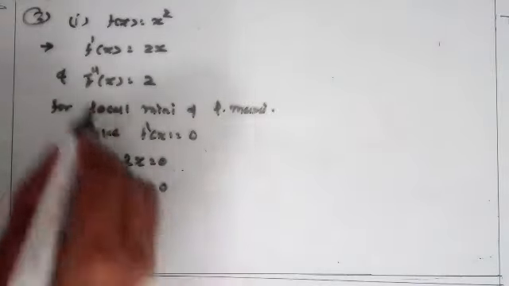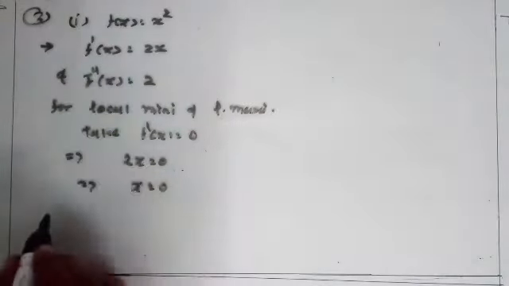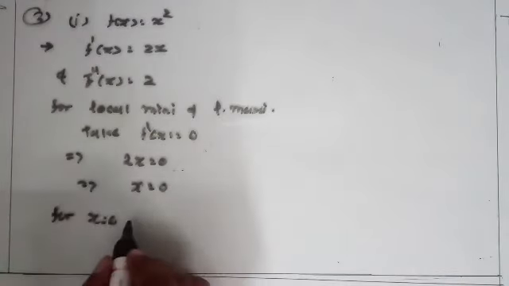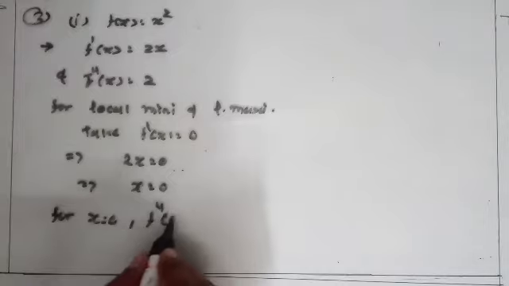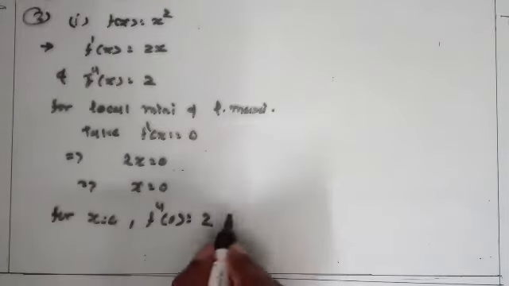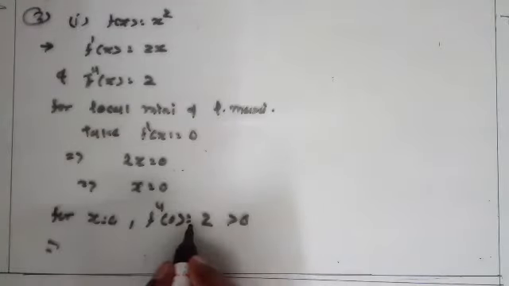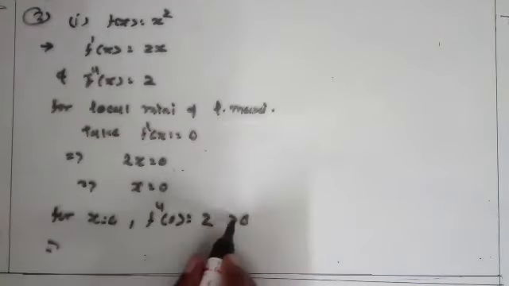Now for x is equal to 0, in the second derivative, f''(0) becomes 2 and greater than 0. That means the second derivative at 0 is greater than 0. So f has a minimum value at x is equal to 0.